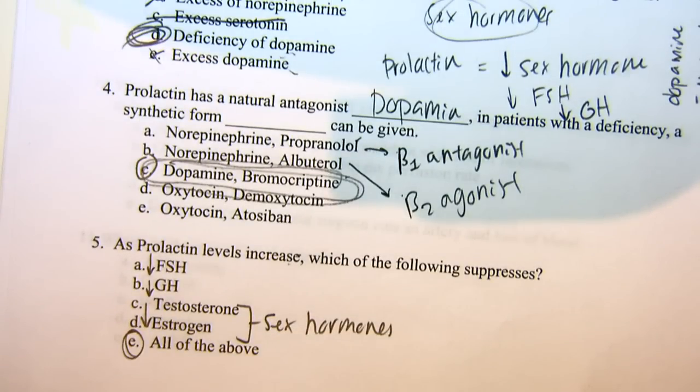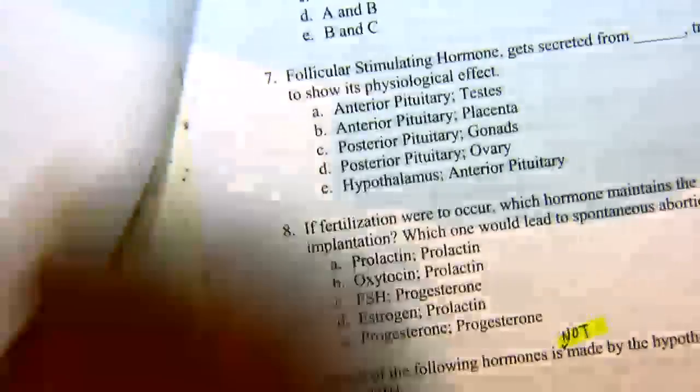Beta 2 is the one for bronchodilation. So for asthmatic patients, we give them albuterol because it bronchodilates, so it's a good thing. So let's move on to number 6.